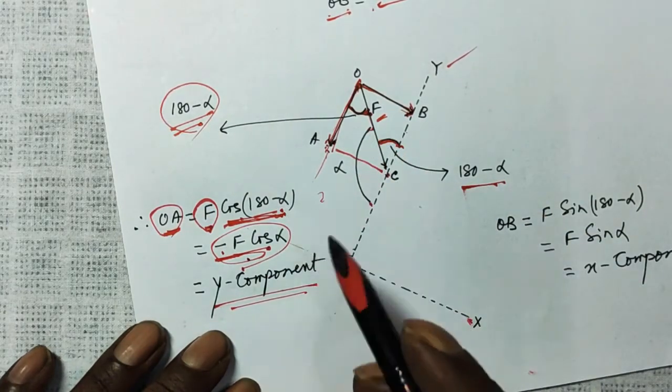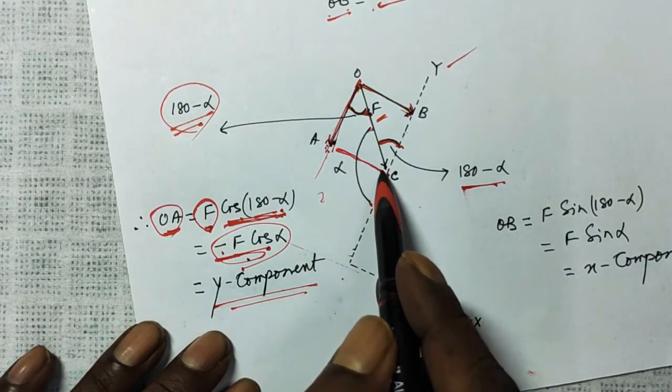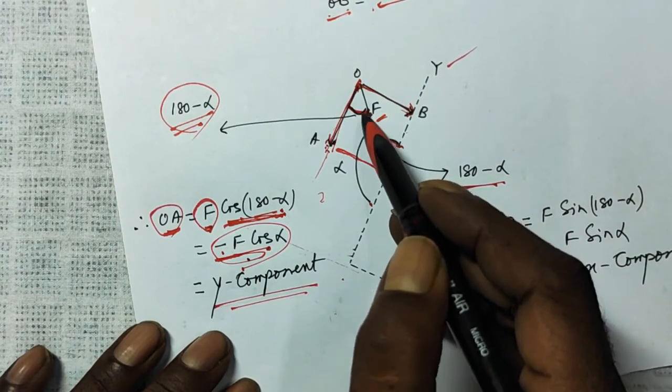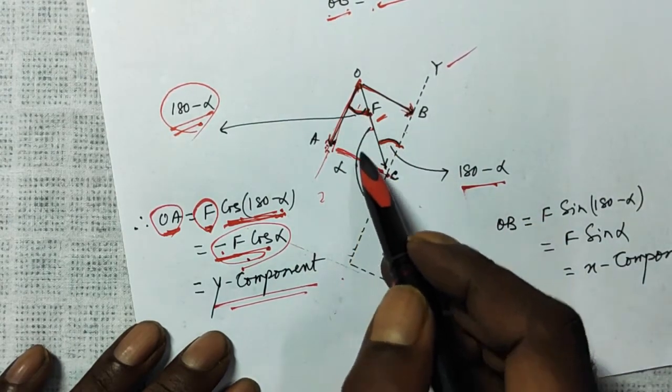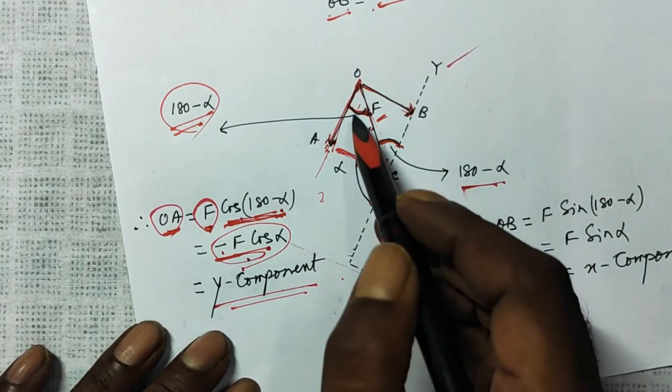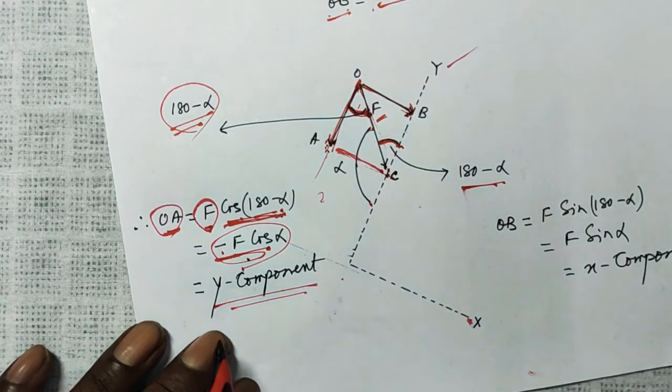Now, this is the side in front of this angle. So I just explained the side in front of the angle will be hypotenuse times the sine of this angle.